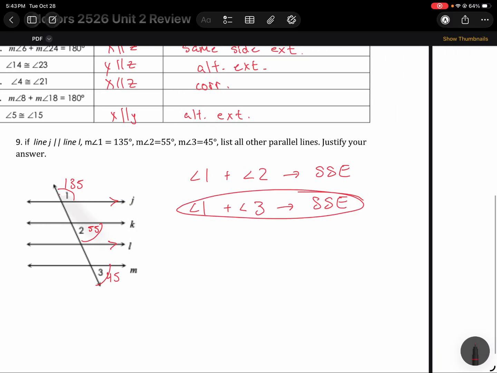So with angles 1 and 3, it looks like these use lines, I'm going to label this Z, lines Z, J, and M. So we can say that J and M are parallel.